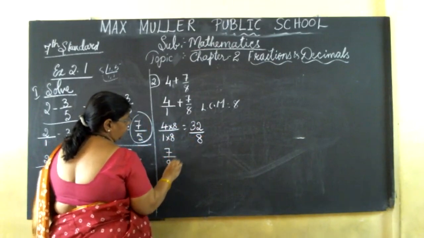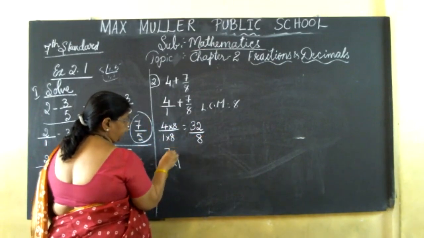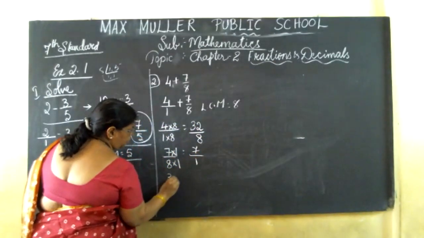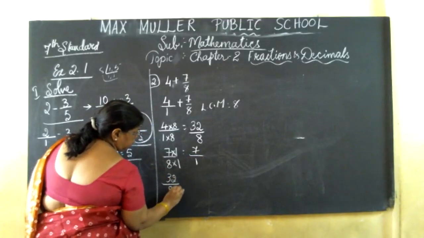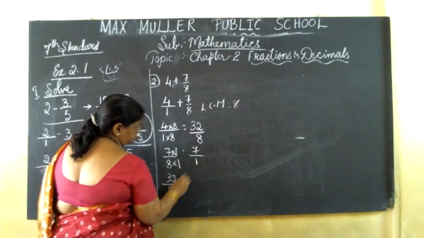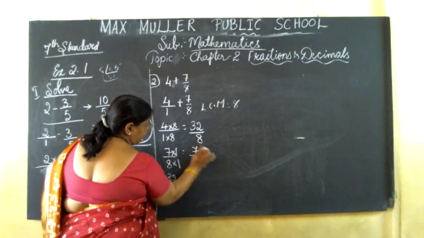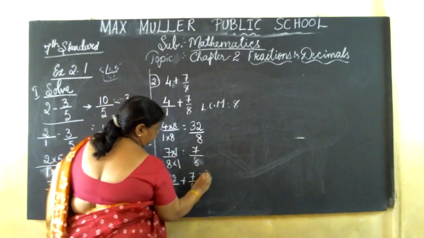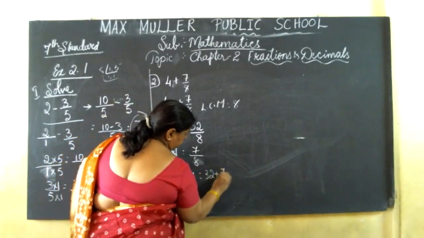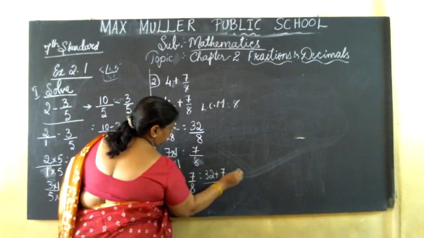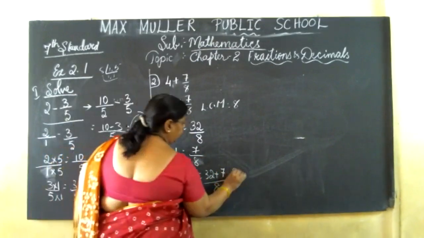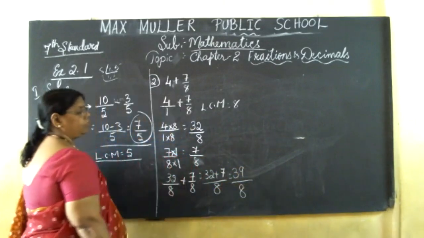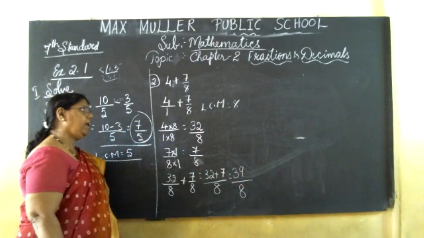So 8 is only the LCM, so we are multiplying it with 1. 7 by 1. 32 by 8 plus 7 by 8. 32 plus 7 by 8 will be equal to 39 by 8.